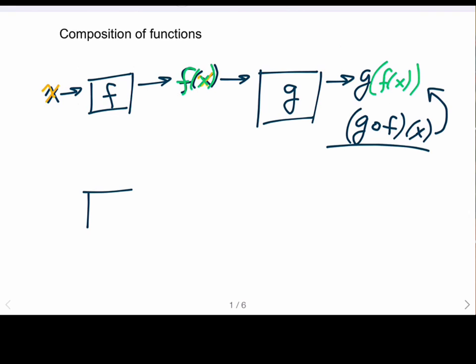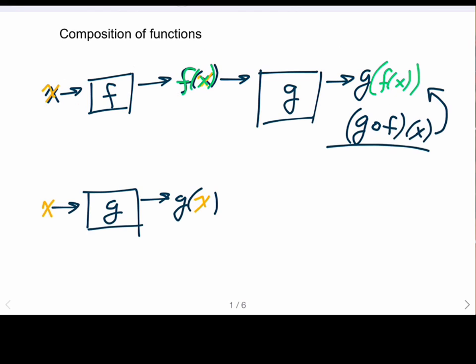We would actually have, in most cases, a different output if we were to change the order of the composition. In other words, if we take x and put it into g first, then that output is what we would call g of x.